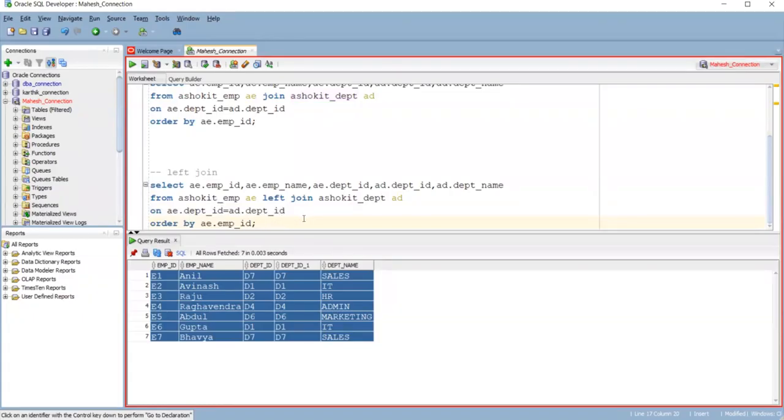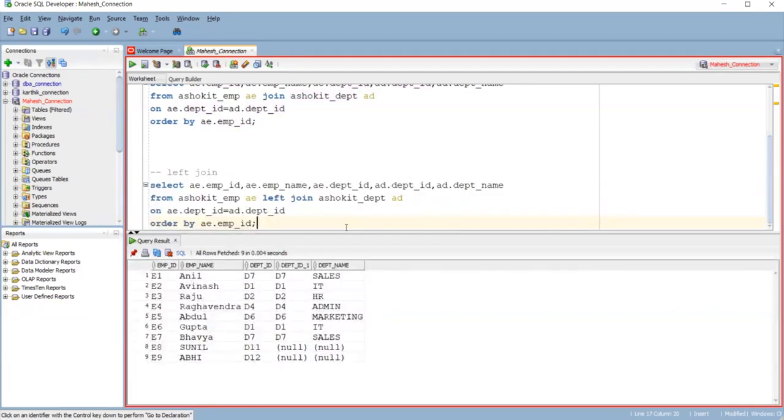If you observe carefully, I just added the left join for these two tables with the join condition on department ID and department ID, ordered by employee ID. Just check it out. How many records are there in the employee table? 9 employees.